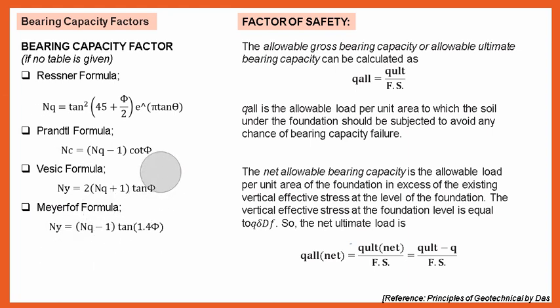Okay? So, if it is not specified in the problem, what we will use is the table. If the problem does not specify that you need to solve N sub q prime using the Resner formula, we will use the table. So, the table is still what we will use.